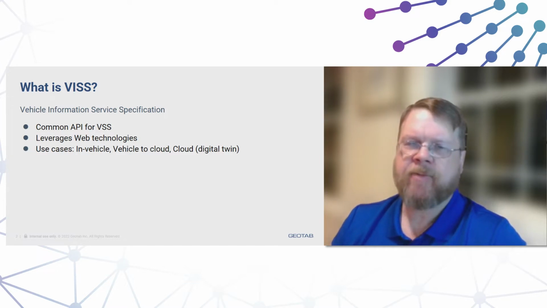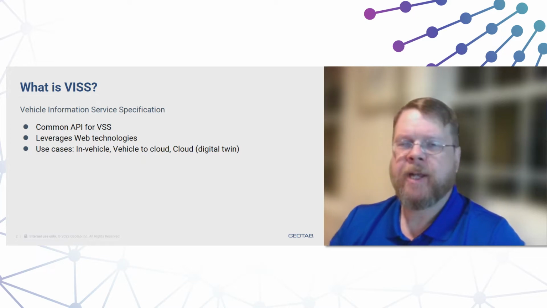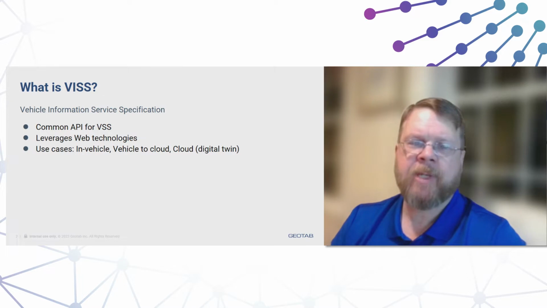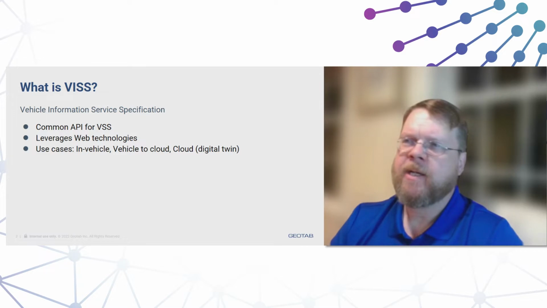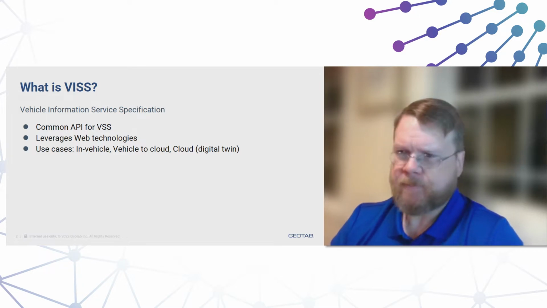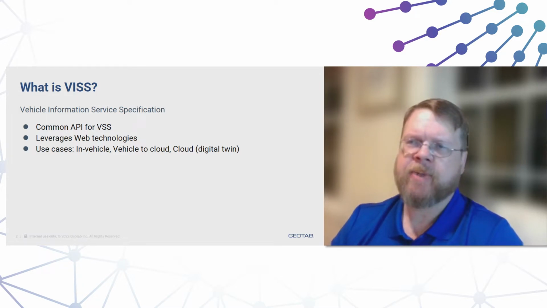Its main use cases are: VISS as a service can reside in the vehicle for applications to be able to interact with the vehicle and collect information. It can be used for vehicle to cloud to have the same interactions, but from the cloud, and be able to bring data up to it. And also to run against data that's already been offboarded from the vehicle and resides in the cloud, so indirectly. So you can have an application over the internet that interacts with a digital twin of the vehicle.